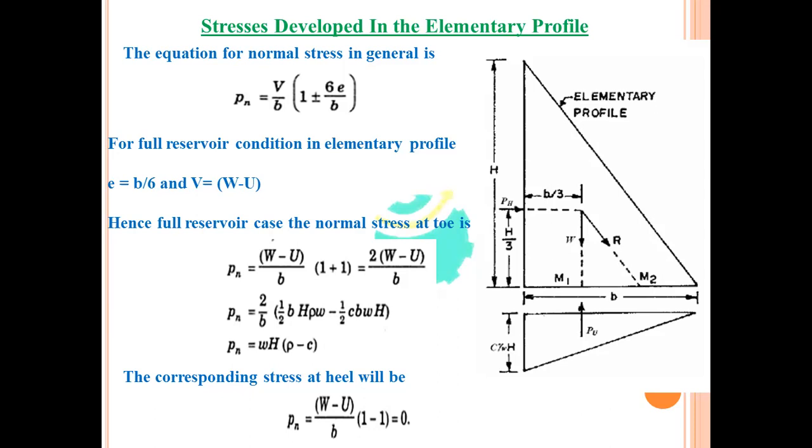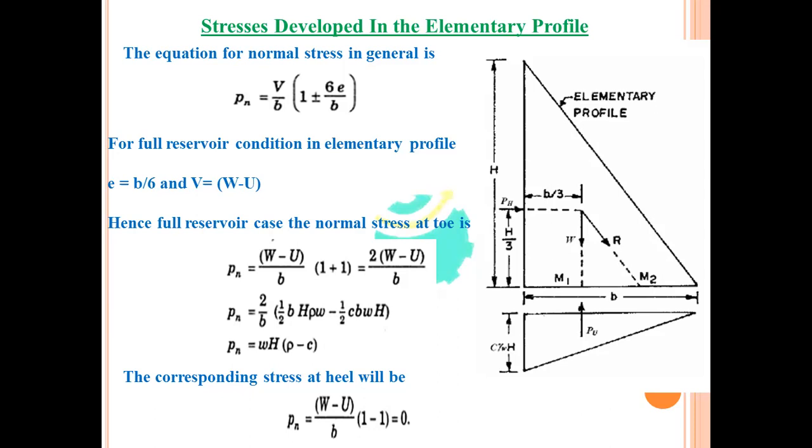So in that condition, what is the value of E? Eccentricity B by 6. And what is V? V means vertical forces. What are the vertical forces? Weight of the dam and uplift pressure. So W minus U is the vertical forces.